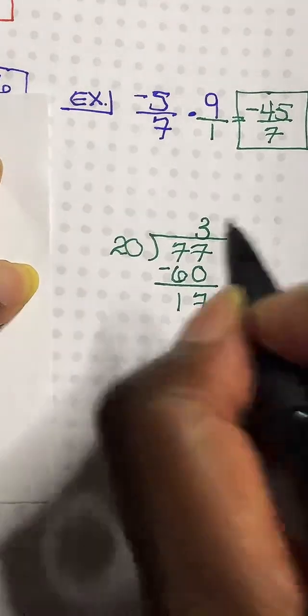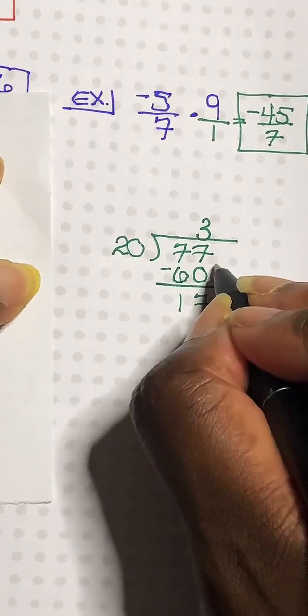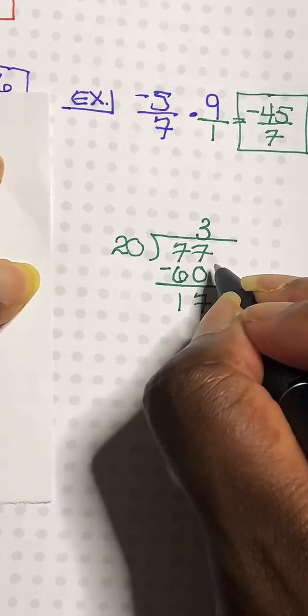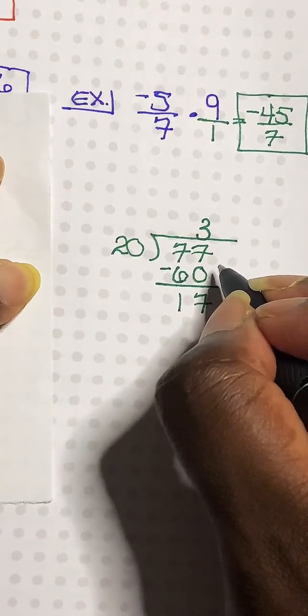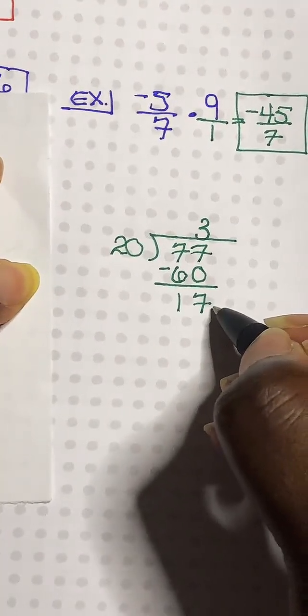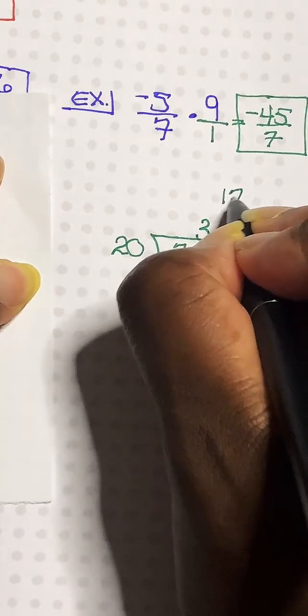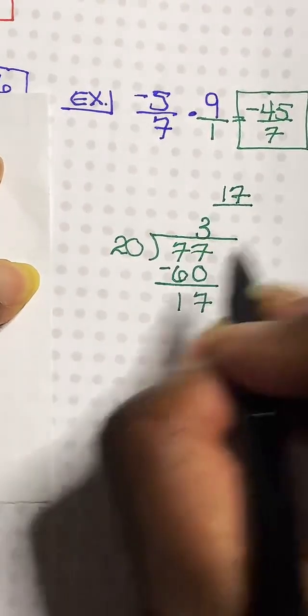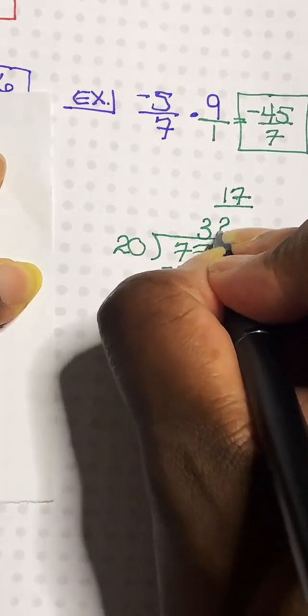So now I have to keep going. I know it's almost like you want to put a decimal there because we're so trained because of our money. Our money has decimals in it, so that's why we're so trained to put decimals down. So this 17 is going to be my numerator because that's my remainder, and it always goes over your divisor, which is 20.